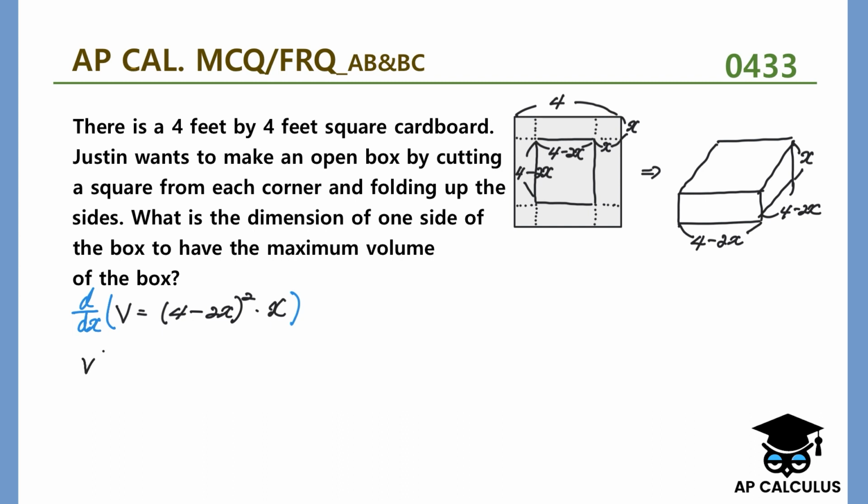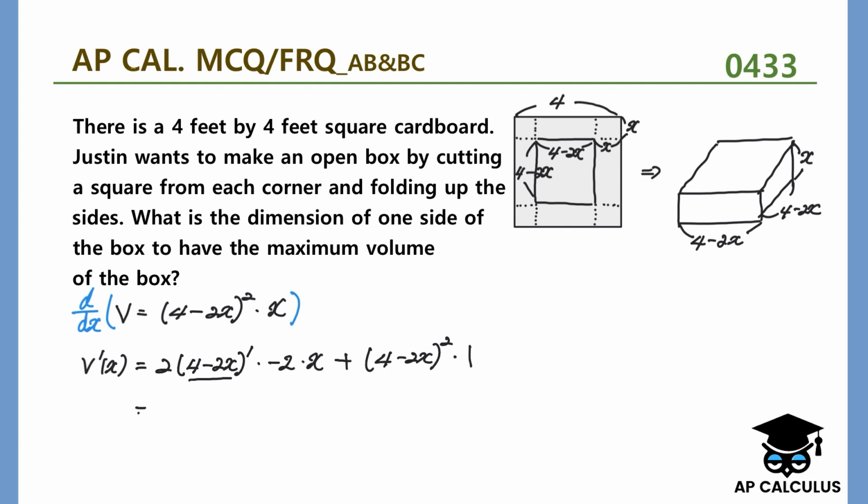Okay, so V prime of x is equal to, since this is 4 minus 2x squared times x, we're going to have to apply the product rule. So the derivative of 4 minus 2x squared is 2 times 4 minus 2x times the derivative of 4 minus 2x, negative 2, and we have x, plus 4 minus 2x squared times the derivative of x, 1, right?